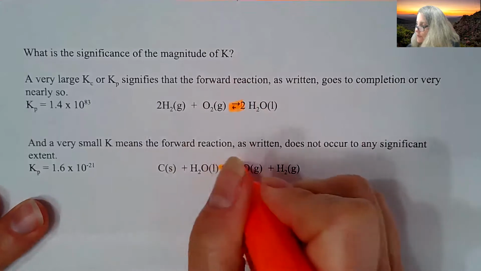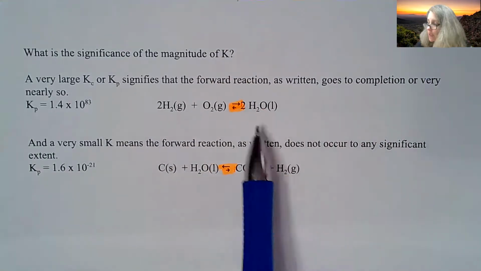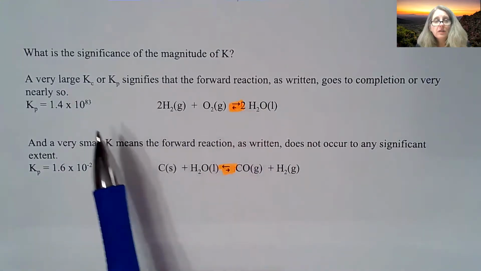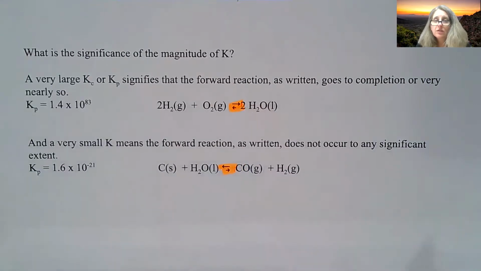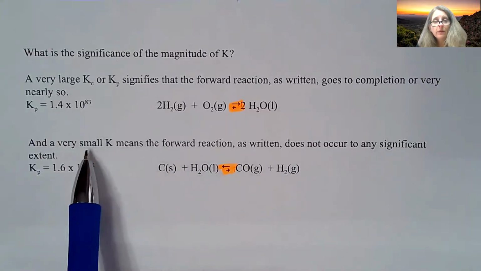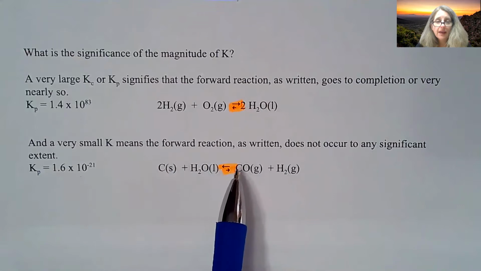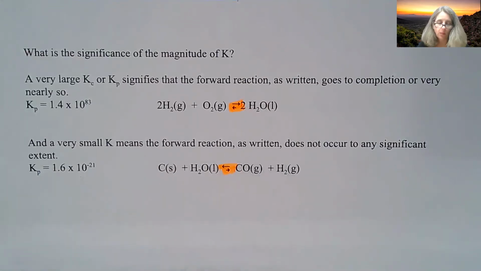So if you look at the actual arrows that I put on here, the arrow is pointing more towards the right than coming back from the left. So when your K is that large, it signifies the forward reaction pretty much goes to completion. If you have a very small K, like this one is 10 to the negative 21st, that means it's staying pretty much as a reactant. So you might see an arrow pointing in this direction for that reason.